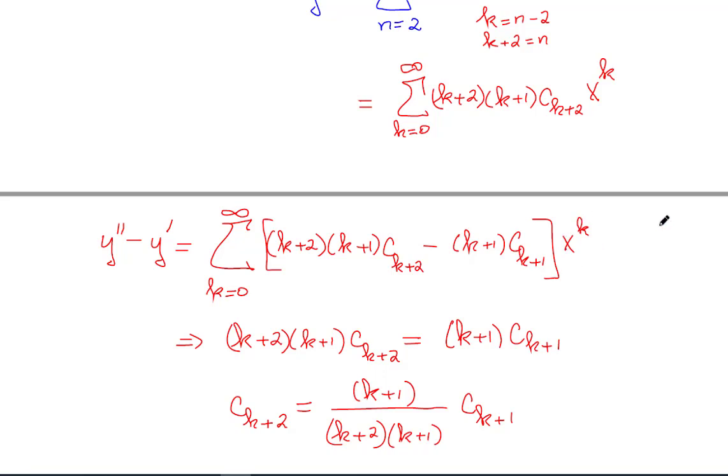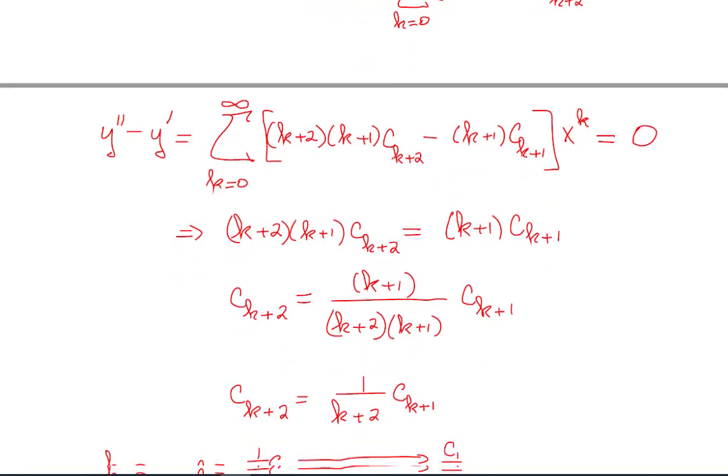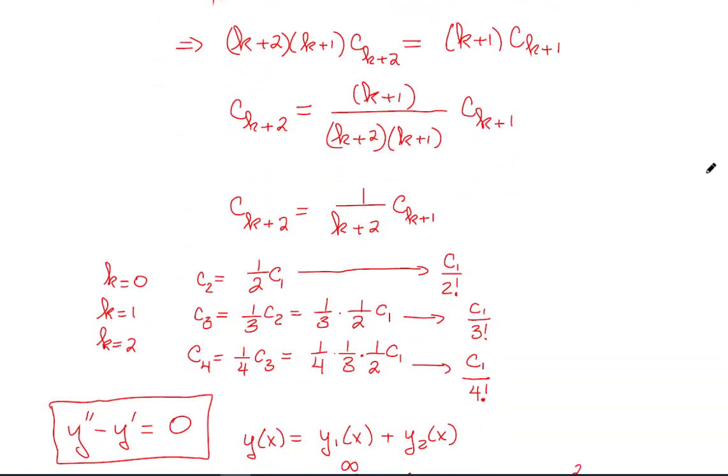Now, because this thing is supposed to equal 0, that tells me that this term has to be 0. So therefore, I set it equal to 0, move the c(k+1) to the right hand side, isolate the c(k+2) term, giving me this relationship about c(k+2).